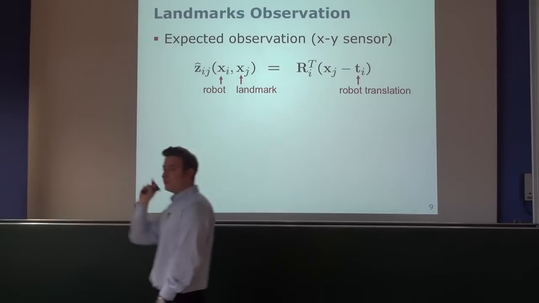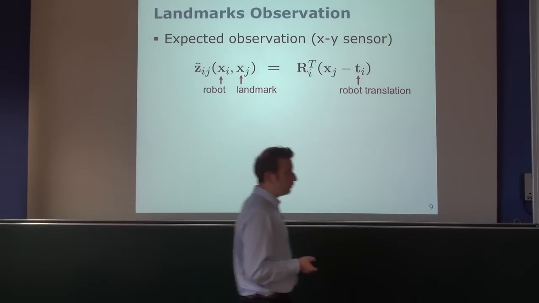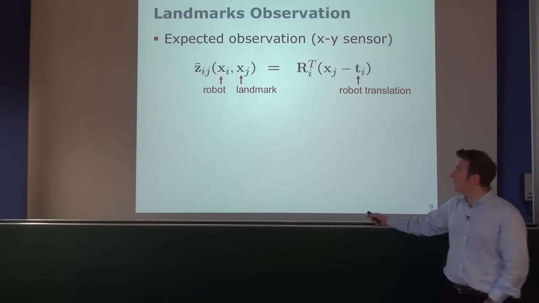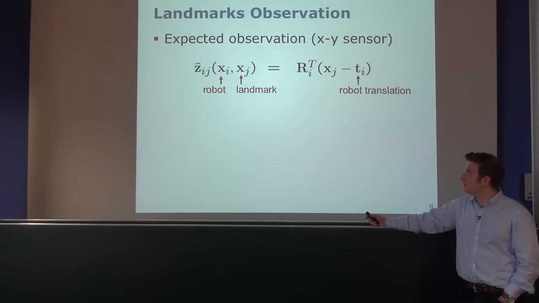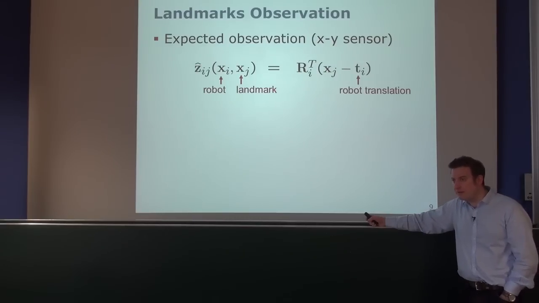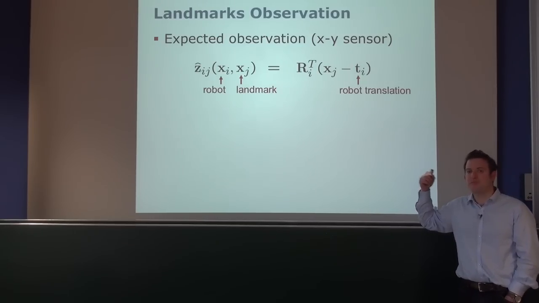What this gives me is a two-dimensional vector of relative x and y, where I expect the landmark to be relative to the robot. So that's the way the robot should observe the landmark. If the configuration of the graph of the robot and the pose are exactly the same, I expect to measure that. It's my expected observation again.